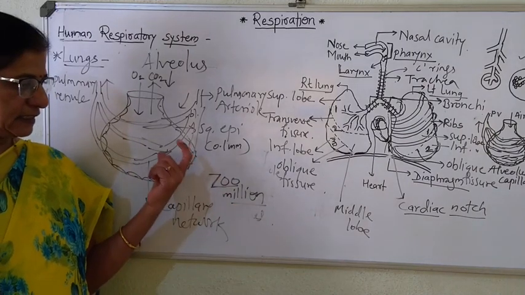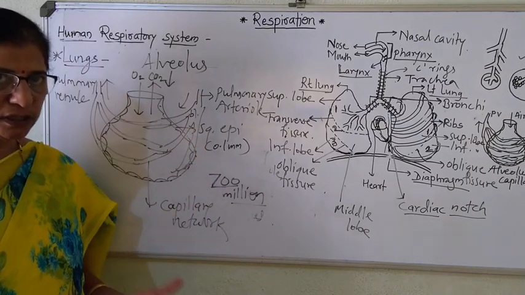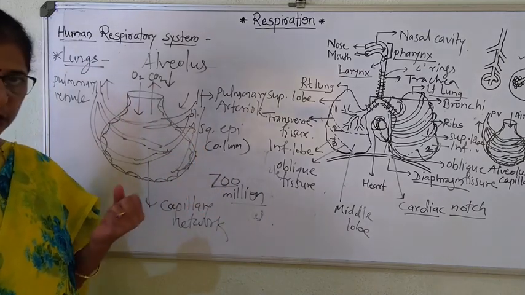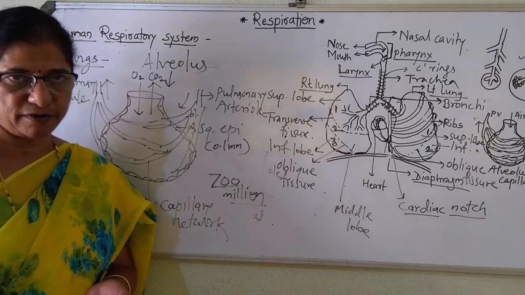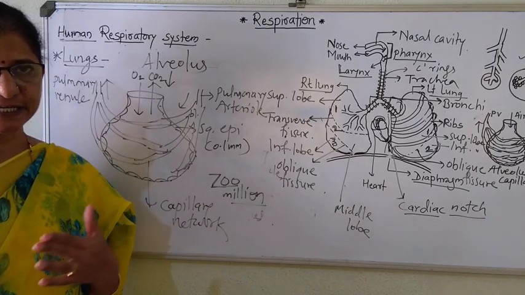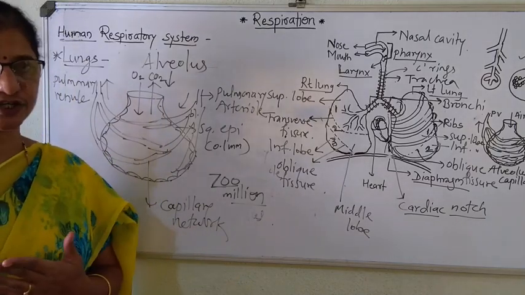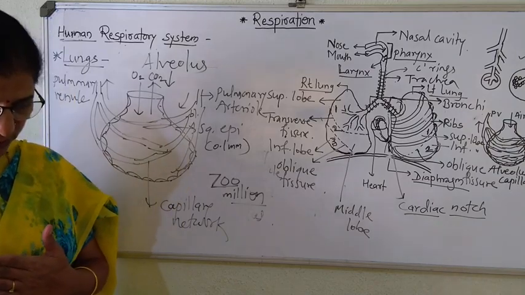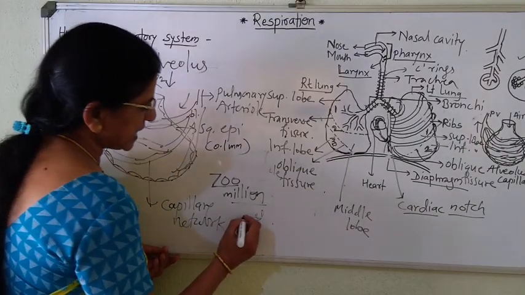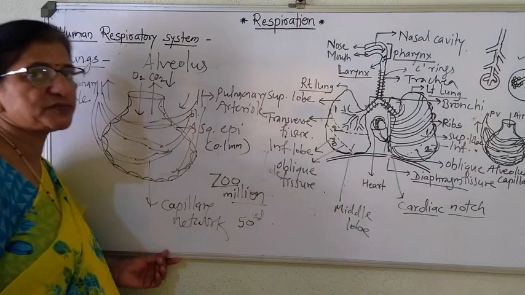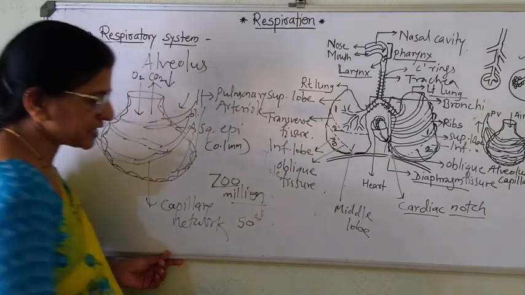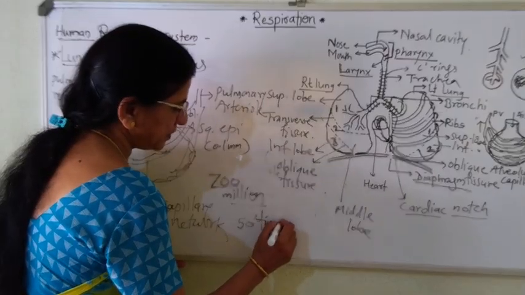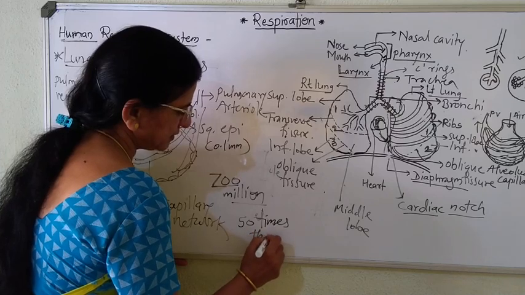Such a large number is most important for easy and abundant gaseous exchange. In other words, it provides 50 times more respiratory surface than the skin.